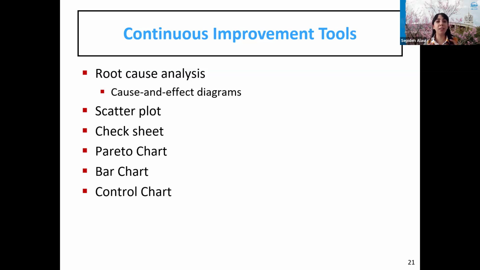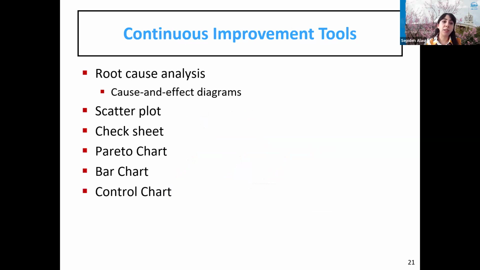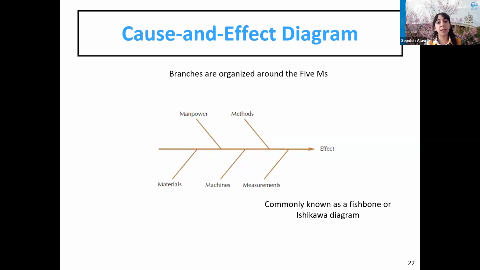So when they have identified the root causes of the problems, it's going to be easier for them to focus only on a few major root causes and hopefully resolve and fix the problem. So one of the tools for the root cause analysis is the cause and effect diagram.